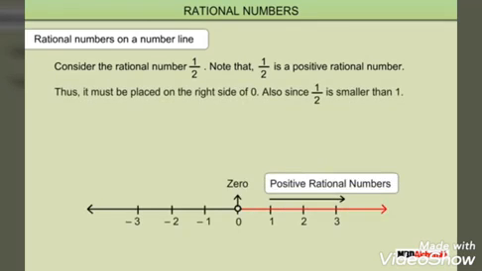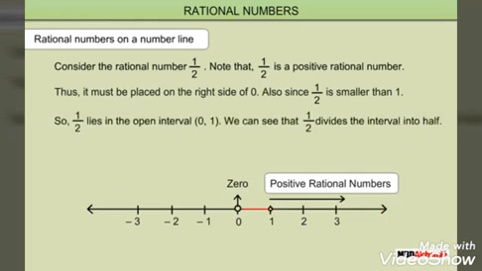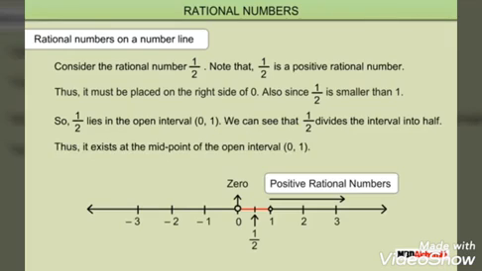Thus, it must be placed on the right side of 0. Also, since 1 upon 2 is smaller than 1, 1 upon 2 lies in the open interval 0 to 1. We can see that 1 upon 2 divides the interval into half. Thus, it exists at the midpoint of the open interval 0 to 1.